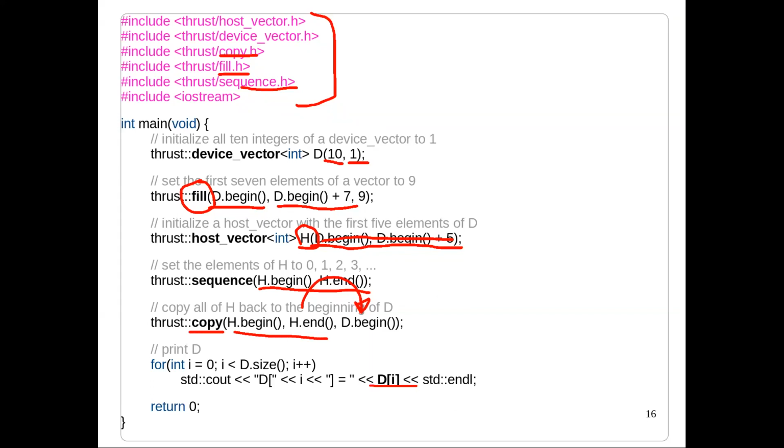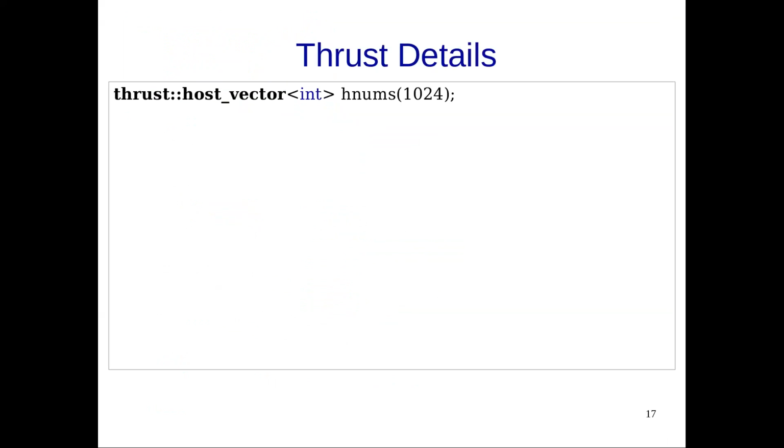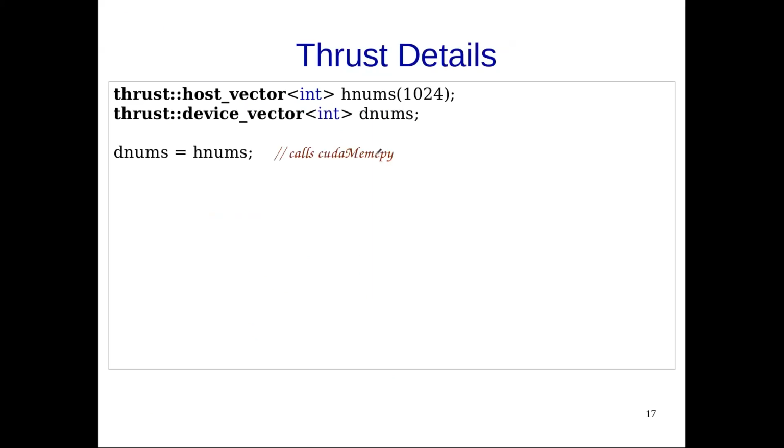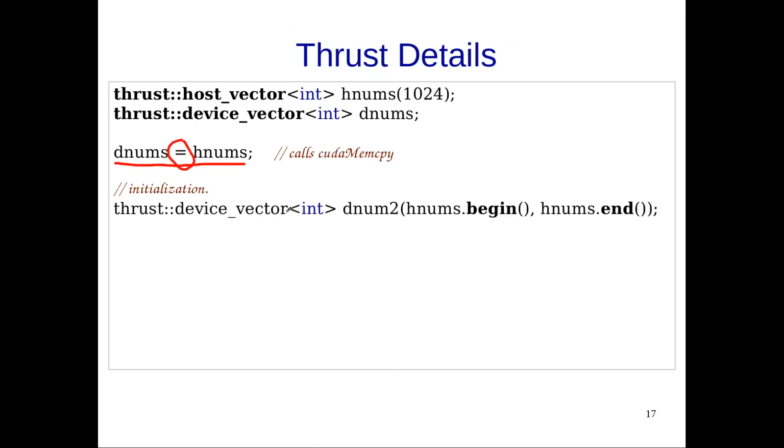Okay, so there are a few aspects that I will mention. For example, I declare a host vector and a device vector. As soon as I do dnums equal to hnums, device vector equal to host vector, it's going to call CUDA memcpy. So you should be aware of that. You see it as a single statement, but the equal to is actually overloaded for the device vector. When I do initialization, automatically there is resizing happening, if required.